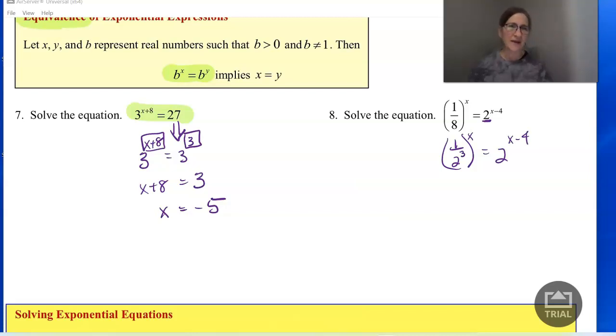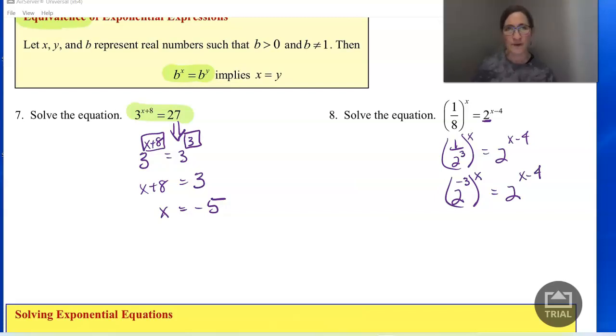If I can take that 2 to the third that's in the denominator, and I'm going to put it in the numerator. And when I do that, the exponent is going to go from a positive 3 to a negative 3. So that's 2 to the negative 3 raised to the x is equal to 2 to the x minus 4. Okay.